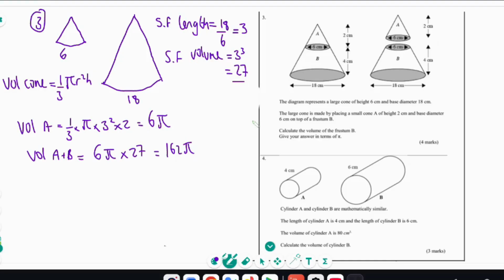So to find just the frustum, just the B, it'd be the big cone volume minus the small cone, which would be 156 pi.